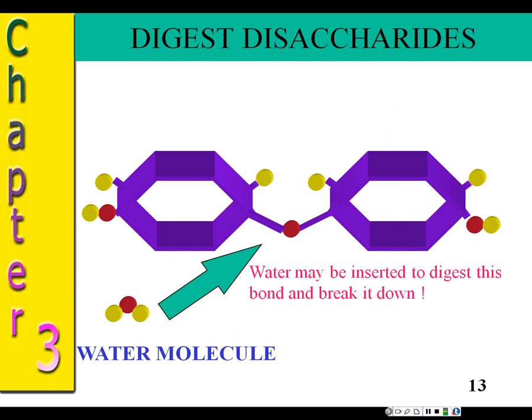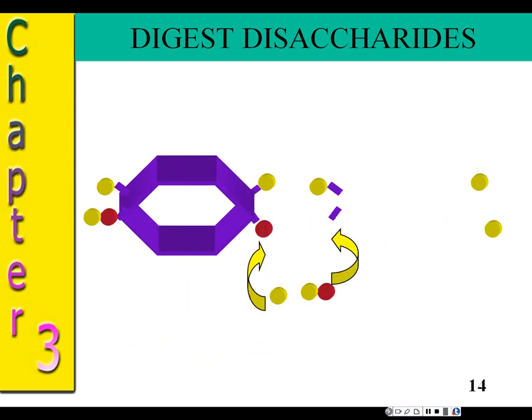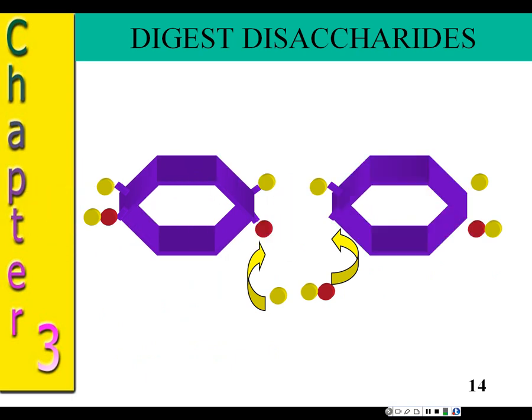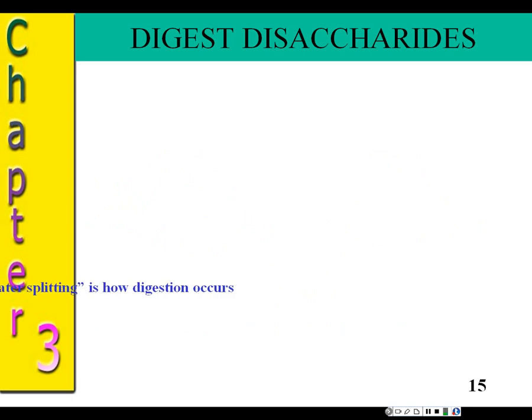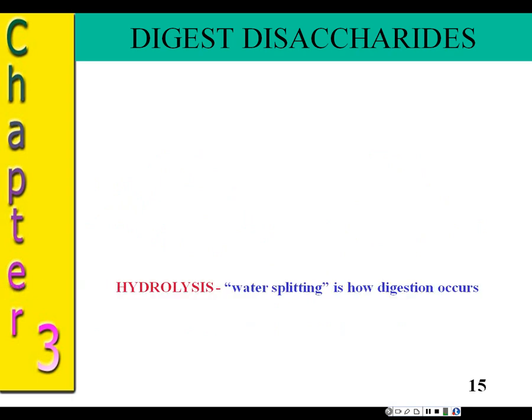All right, so it says we got to put water back. But before we can put water back, we had to split water. We have to break it down. So then we show the water molecules split. Okay, so the water molecule is split. And it says, what is the name of that reaction?